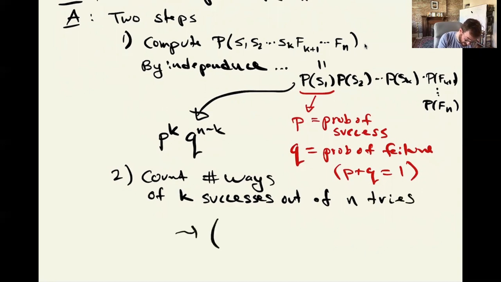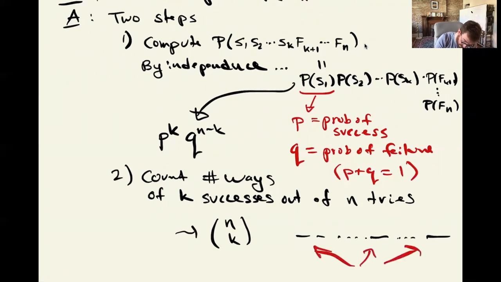Well, that's obviously N choose K. You think about it, right? You've got your N total tries, and now you just need to pick K successes out of those N possible tries. The number of ways of doing that is N choose K.